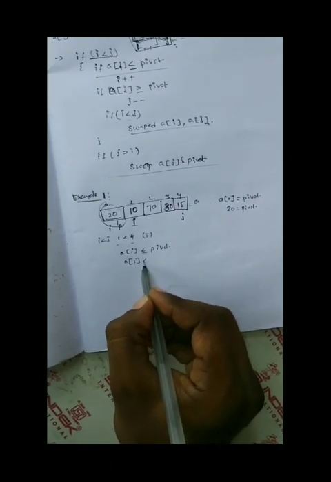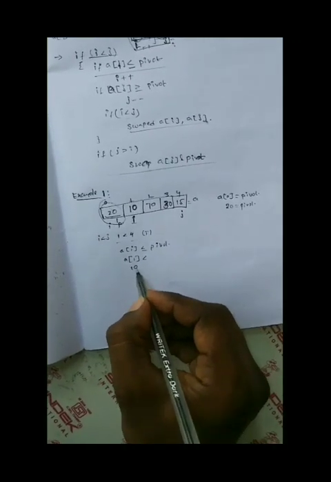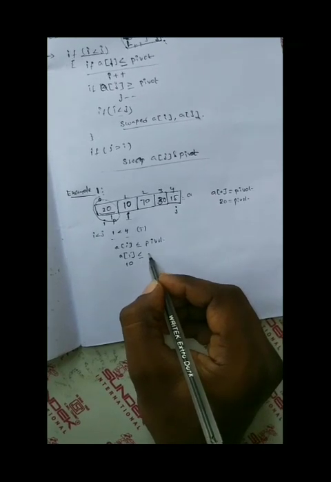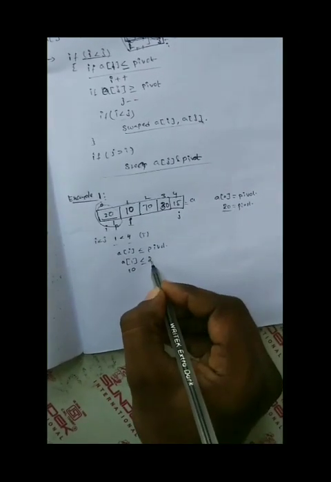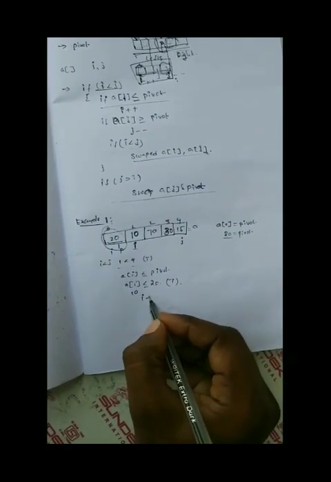A of 1 is 10, which is less than or equal to the pivot value 20. This condition is also true. So whenever this condition is true, the I value gets incremented. So I plus plus.